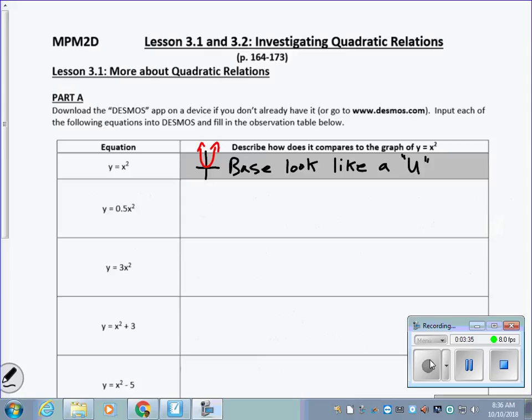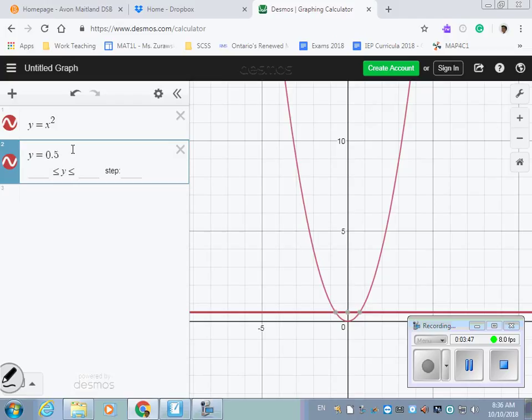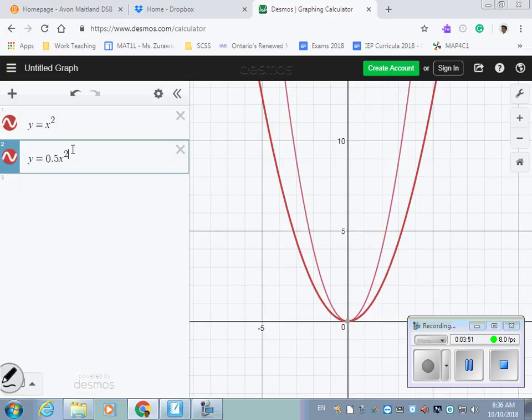Now, if I have the equation y equals 0.5x squared, we're going to plug that into Desmos and compare it. So if we go y is equal to 0.5x squared, you'll notice that my new darker red graph is literally a little flatter or a little fatter compared to the original.